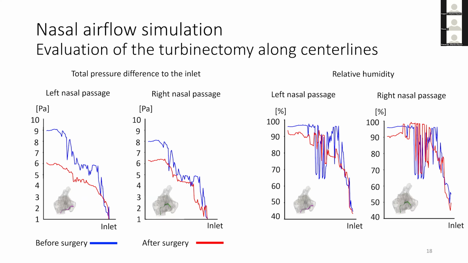These fluctuations come from the way we collected the data. This is the centerline approach, where we made a spatial average for each point along the centerline, and sometimes these cross-sectional areas intersect, and then we have these fluctuations. But what's important is the difference before and after surgery.